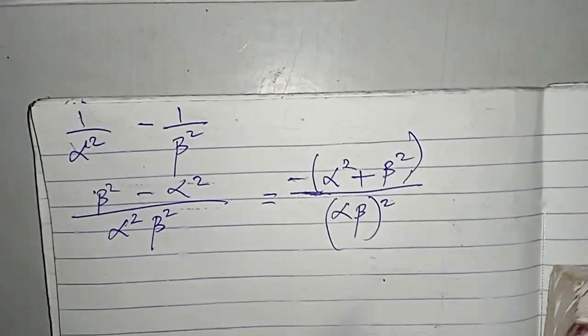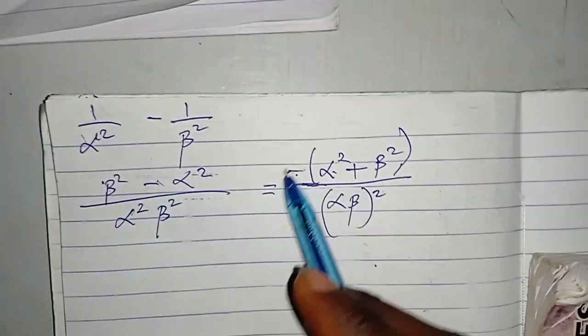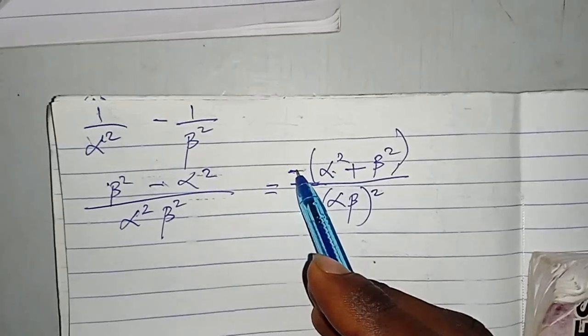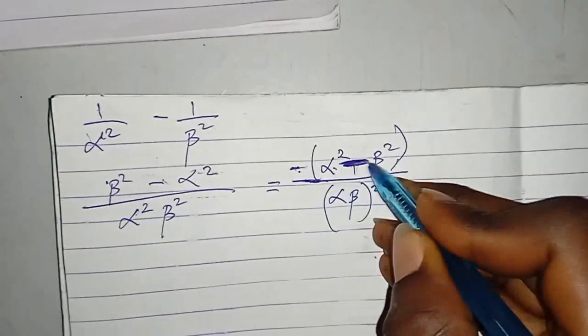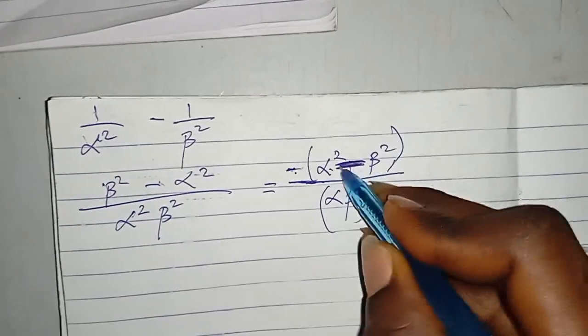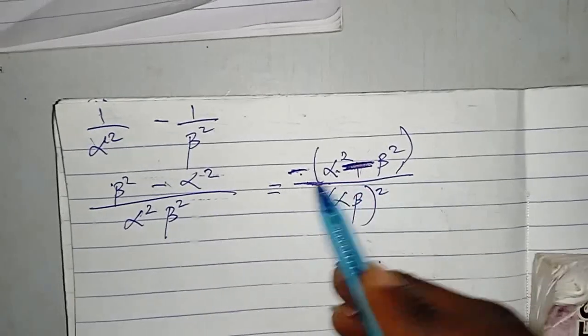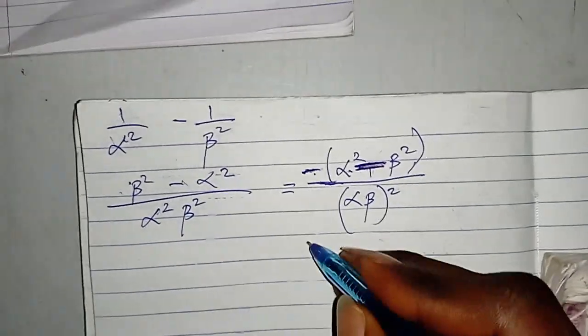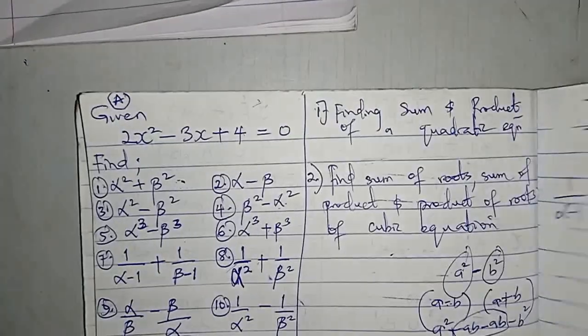So check it out. You see that alpha square times this becomes minus alpha square. Then minus times minus will give you plus beta square. So this is going to be minus, and we've gotten alpha square minus beta square before.